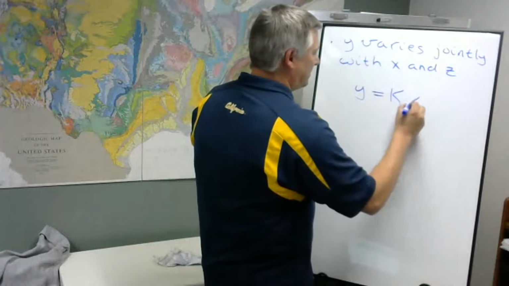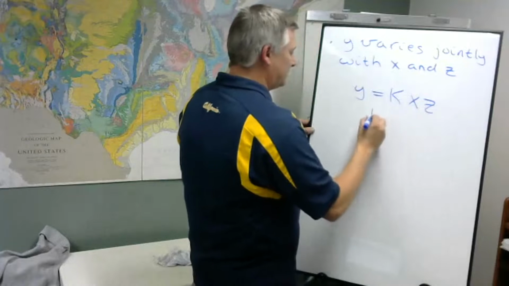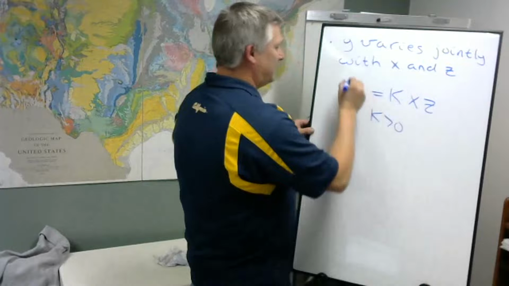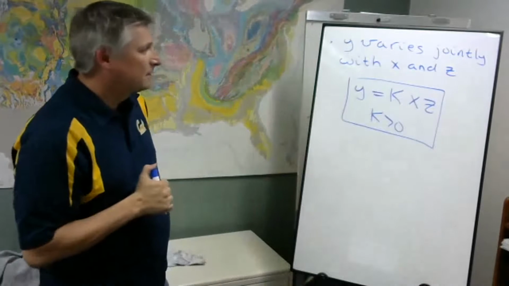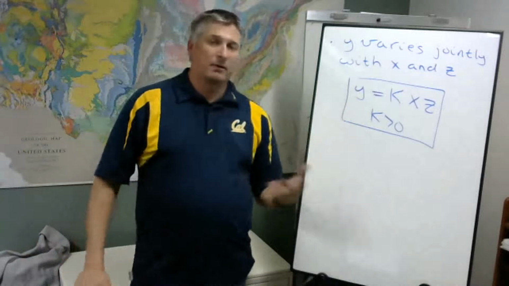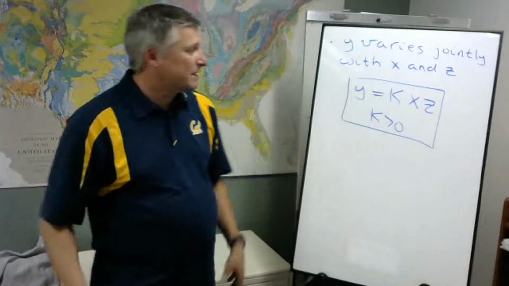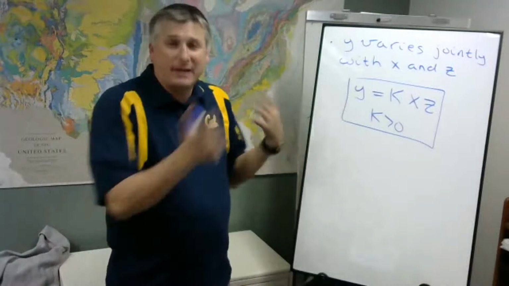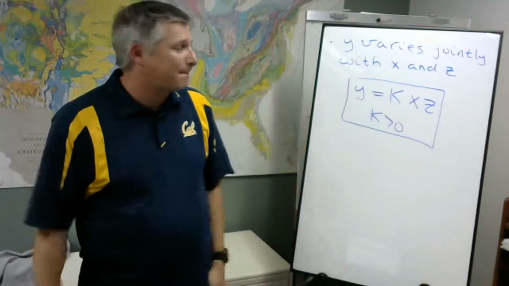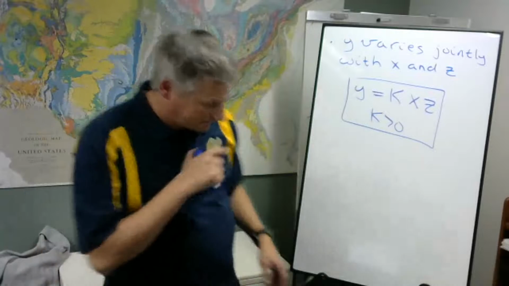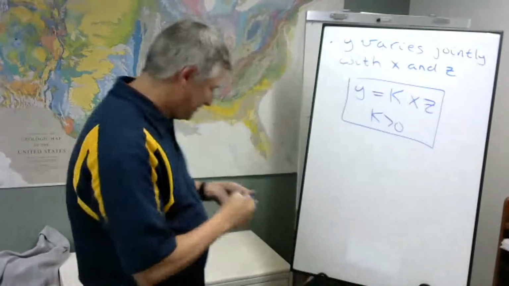We call it y equals kxz, for k greater than 0. So this will be the formula we're always going to start with. And again, we're probably going to have to solve for k. In the last question we didn't, but most of these you're always going to be solving for k. So let's say we have this.